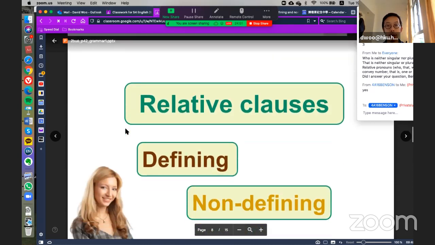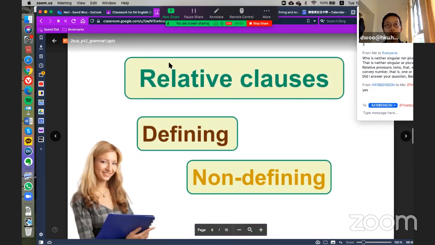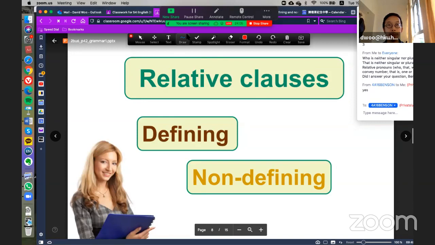Right? Relative clauses. Now we're going to talk about defining, and you may want to repeat after me, defining, and then non-defining relative clauses. We learned about clauses, we learned about relative pronouns. Now we're going to learn about two types of relative clauses.